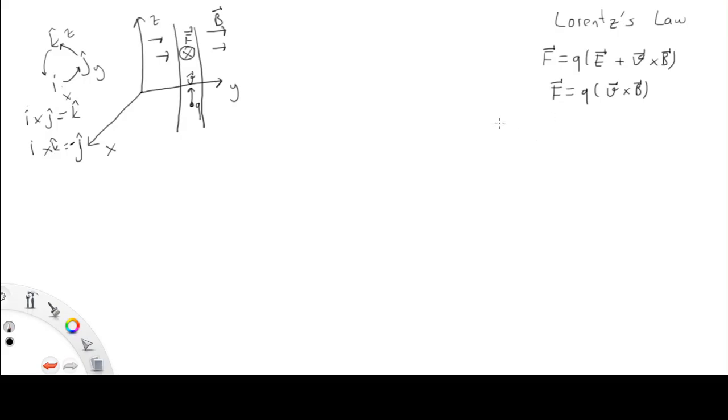So we can expand this equation like this. The net force is equal to the number of charged particles and the charge value of them and the average drift velocity of charged particles and the magnetic field and the vector product.